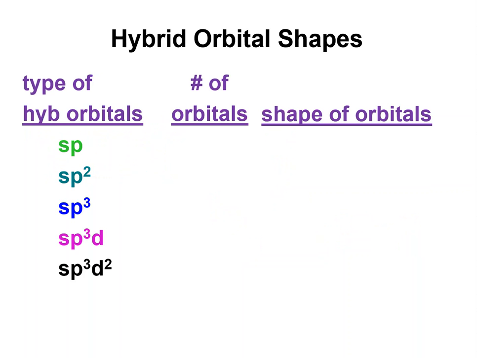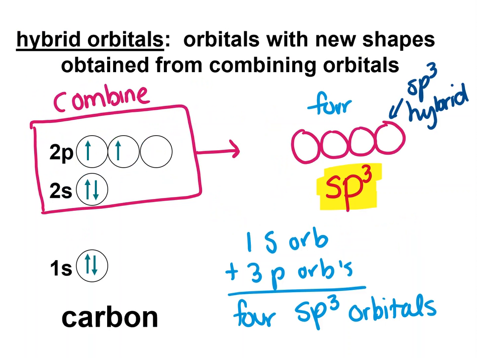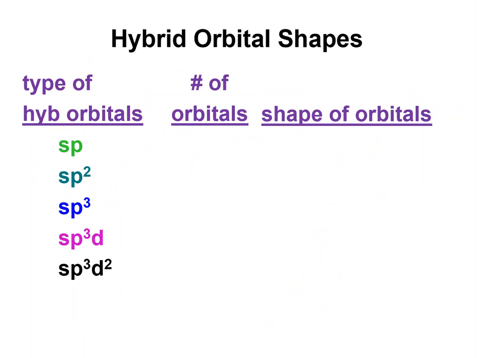Well, you can combine different types of orbitals, and I chose to combine all of the p orbitals. What if I just took one of the s's and one of the p's? Let's see what geometries I can get from that. If I took an s orbital and combined it with a p orbital, how many orbitals would I have in my new hybrid?